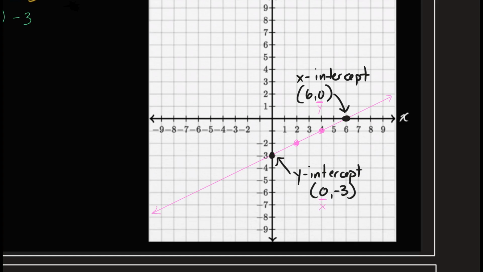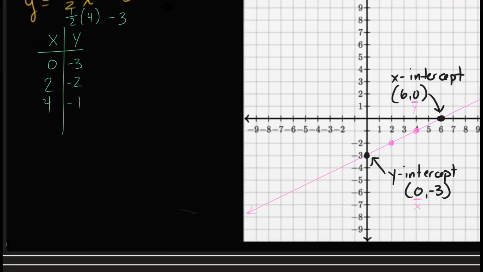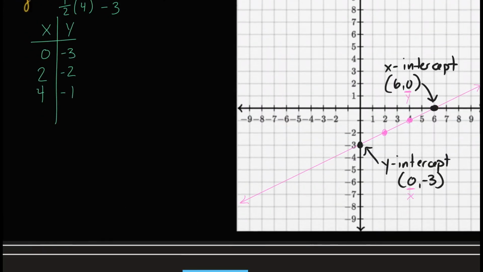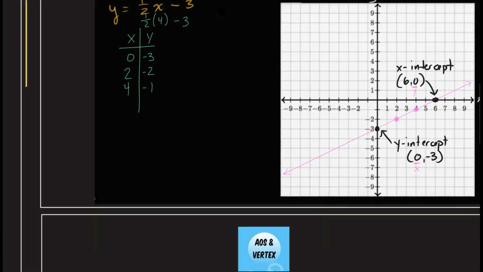This is how you can find these algebraically and not on the graph. We know that the x-intercept will always have a y value of 0, and we know the y-intercept will always have an x value of 0. So let's try that concept on a different line.